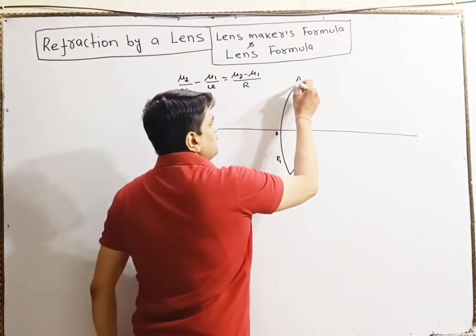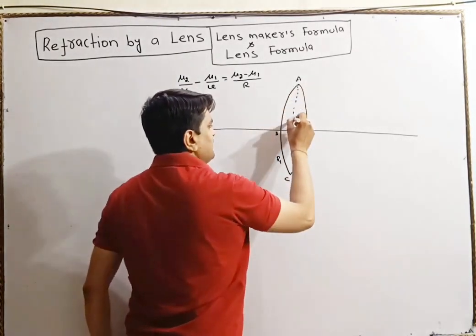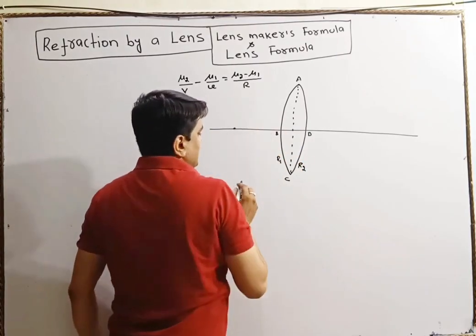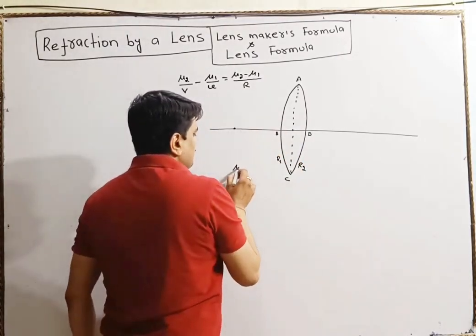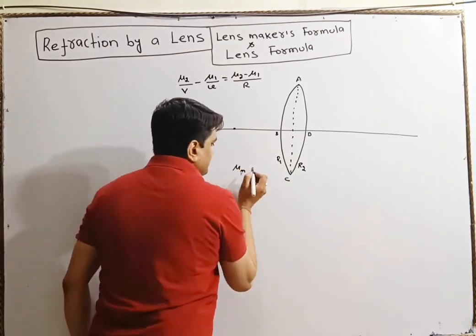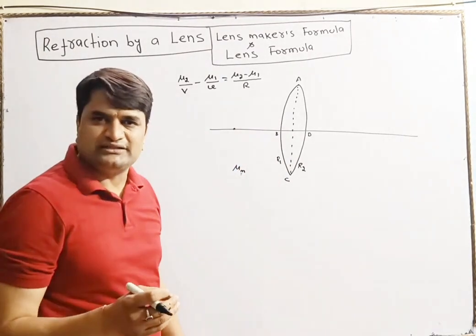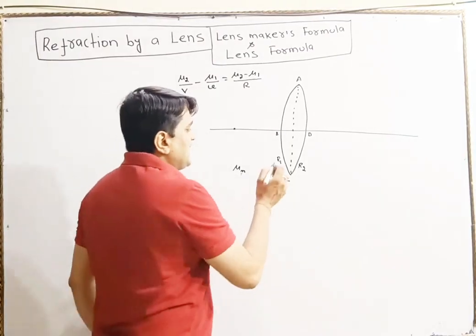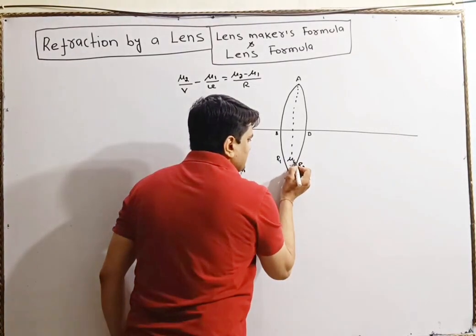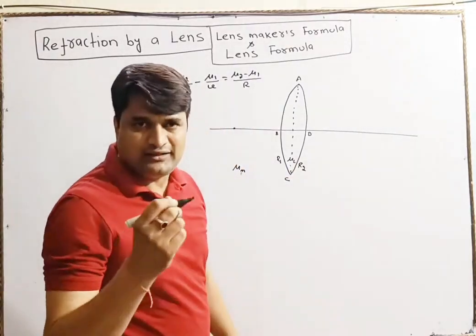Now, let us consider the object is here and the medium of the object is mu m. I have written m because it is the refractive index of the medium, and the refractive index of the lens, let us consider, is mu l.